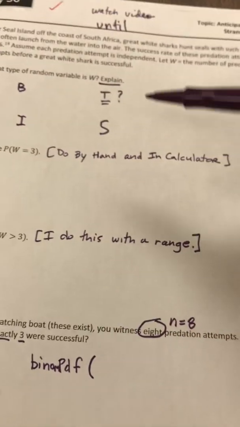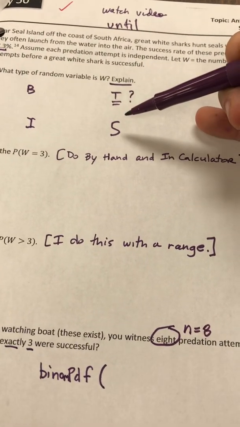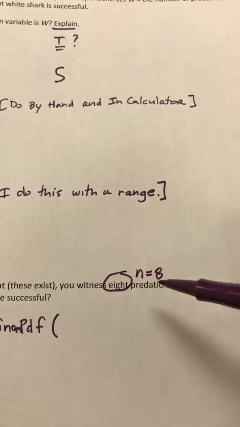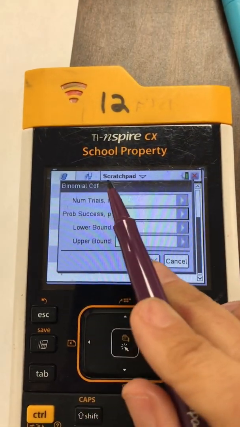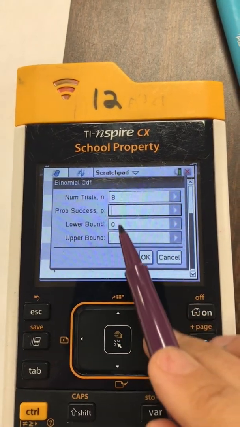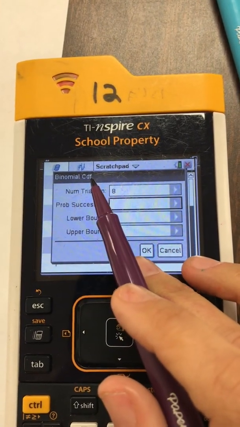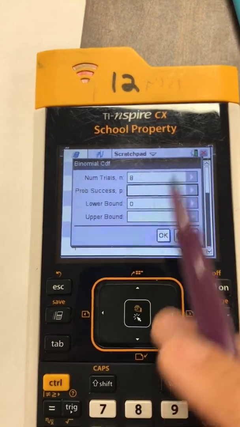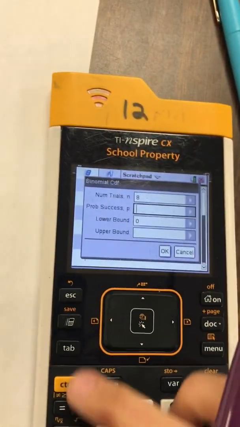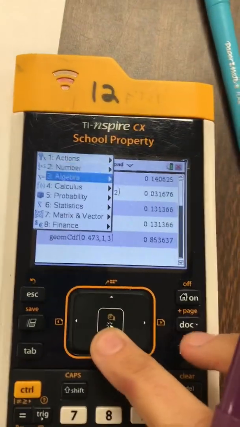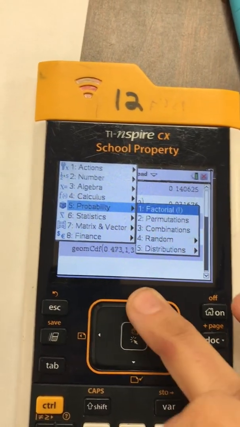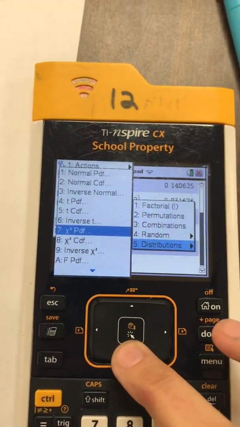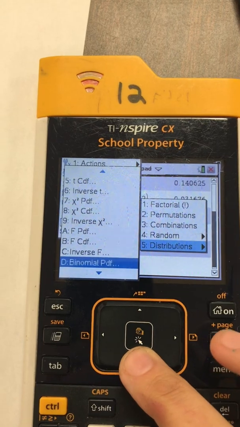He switched from geometric back to binomial because he told me the number of trials. I don't want CDF because I want exactly 3. I don't want a range, I want an exact number. So let me pick binomial PDF, which is what he picked.